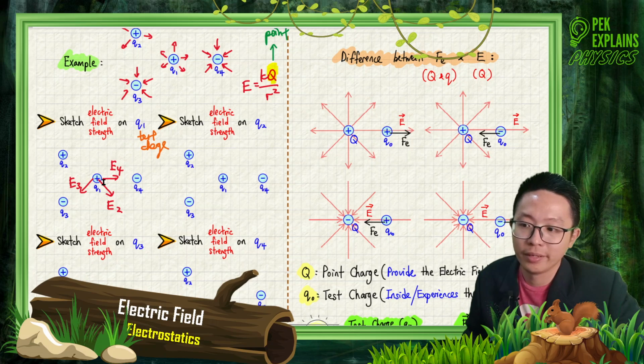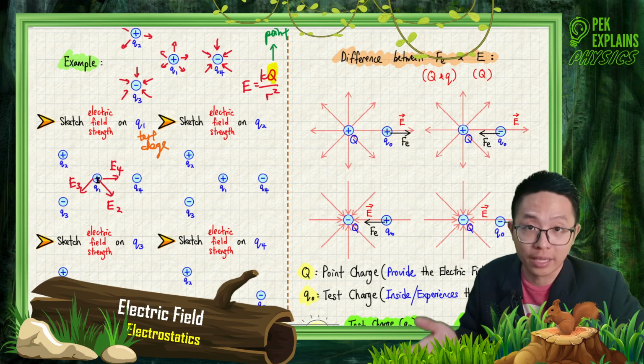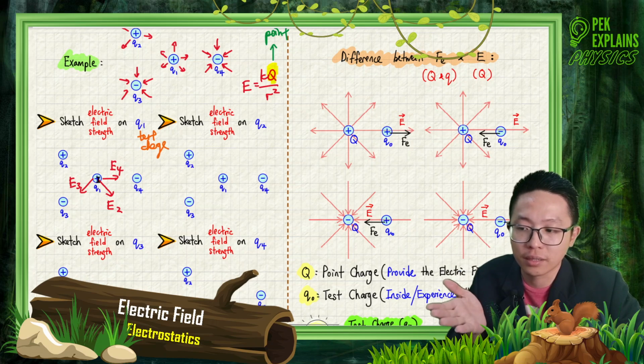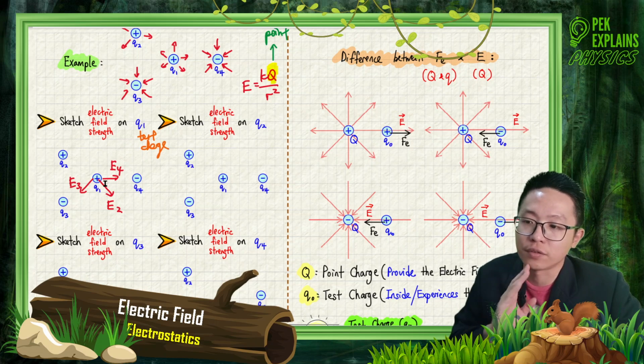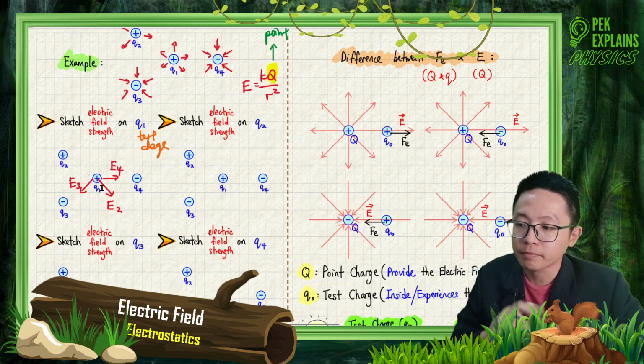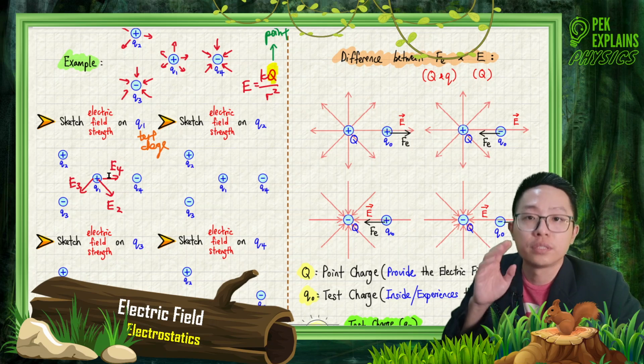If the test charge Q1 is not there, E2, E3, E4 still exist. If force does not exist, force must depend on both charges. But the electric field only depends on the point charge.